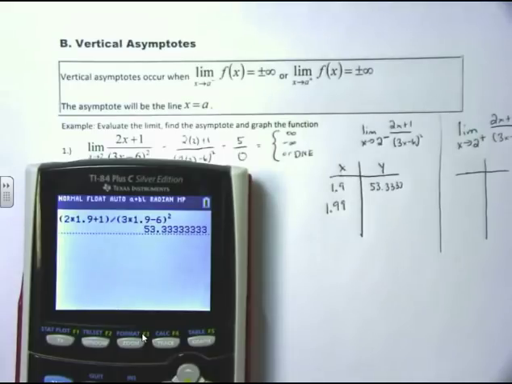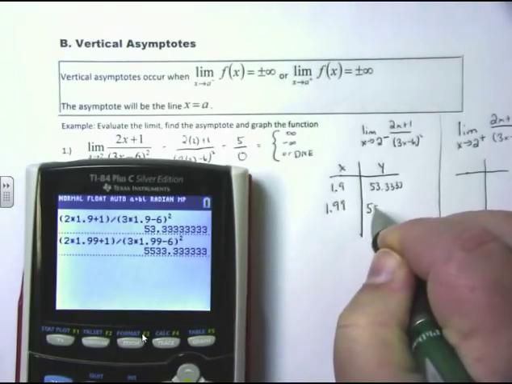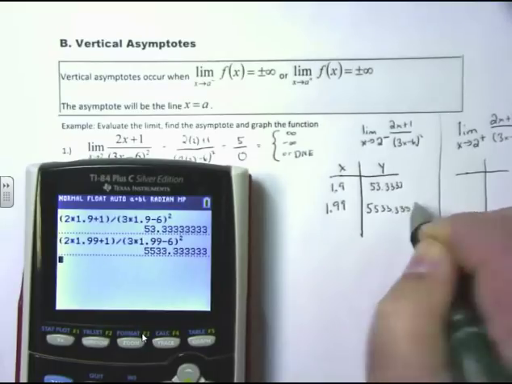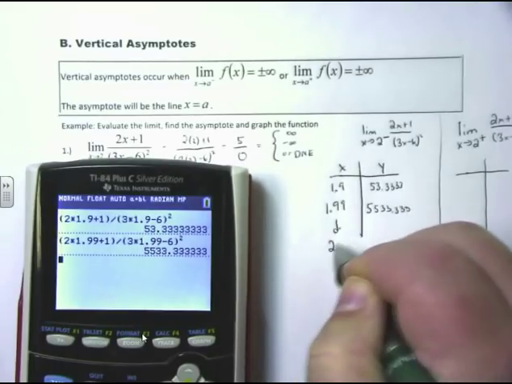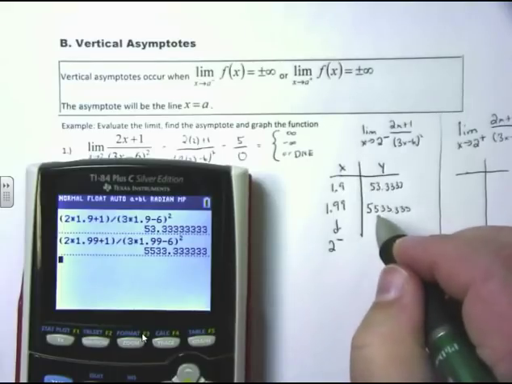Now I'm going to take the same function and plug in 1.99. 2 times 1.99 plus 1 divided by parentheses 3 times 1.99 minus 6, close parentheses, squared. What did I get? 5,533.333.